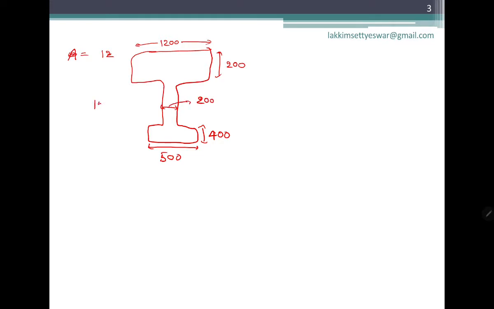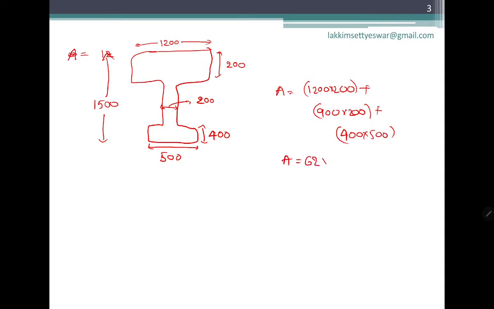The total depth is 1500 mm. Now we need to calculate the area. Area A is equal to 1200 into 200 for the first rectangle, web 900 into 200, and bottom flange 400 into 500. The total area A is equal to 62 into 10 power 4 mm square.